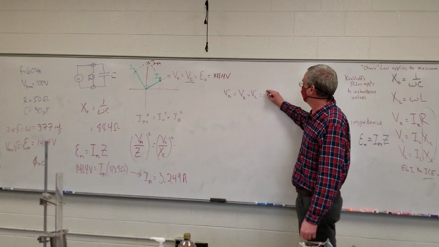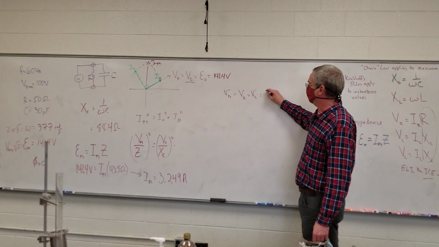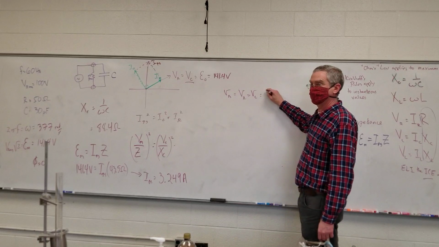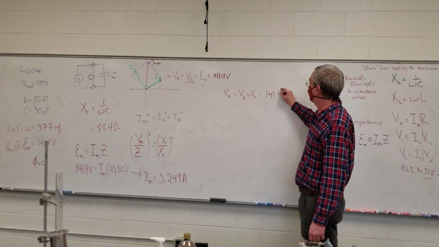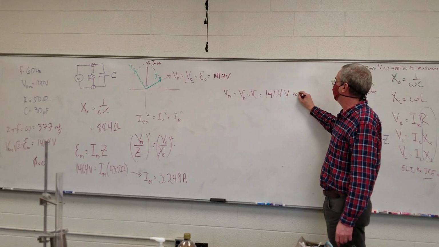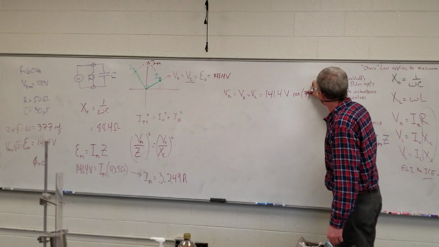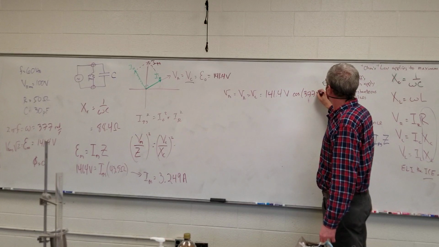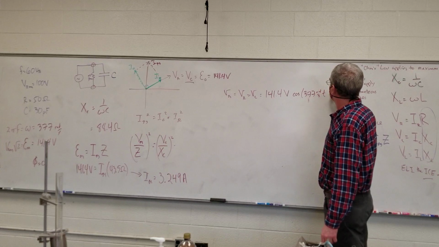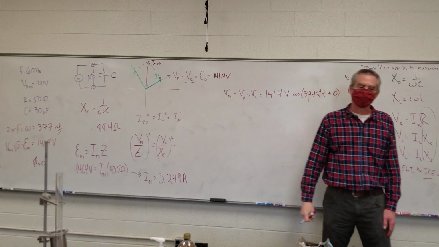Since they're all the same, it's 141.4 volts cosine of 377 radians per second t plus 0. Boom. Three of them done right there.